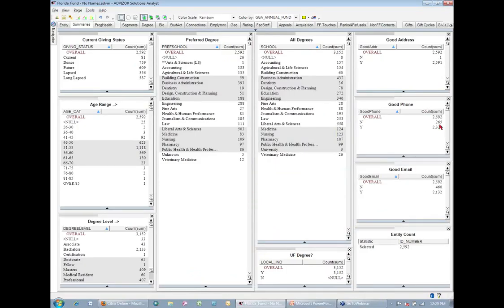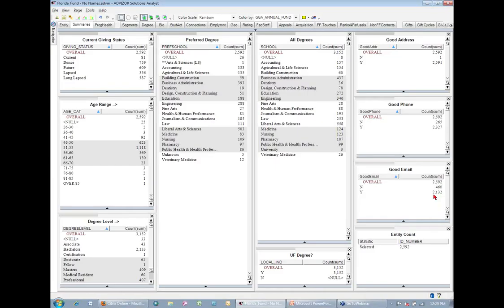Or if I have the budget, I might want to go ahead and do some phone calling. Phone calling tends to have a better outcome. However, it is more expensive, so it would depend on my budget what I would decide to do. And of course, I could always do an email touch as well because we have a lot of good email addresses.